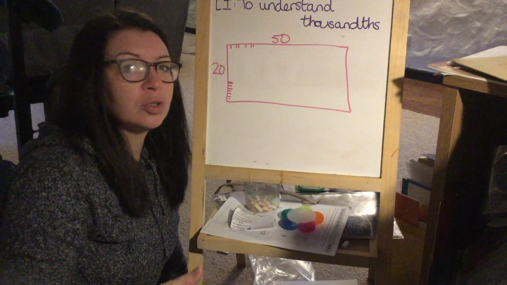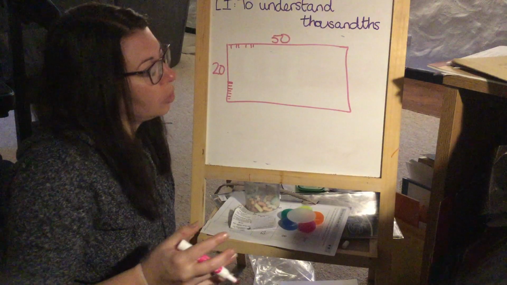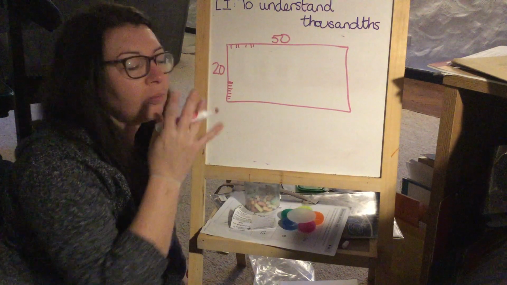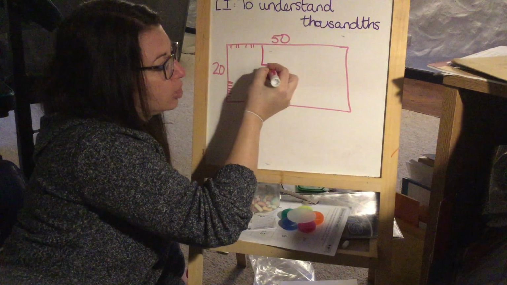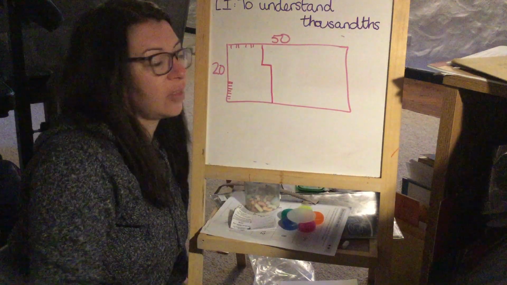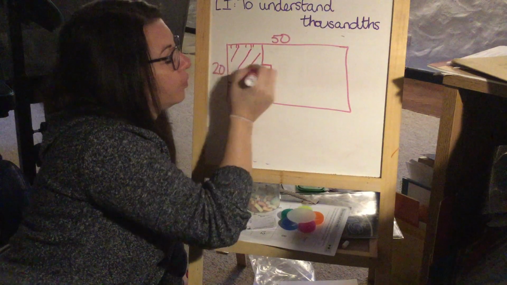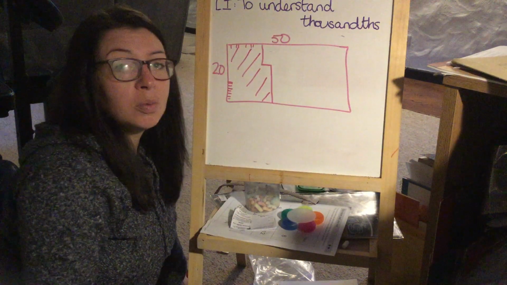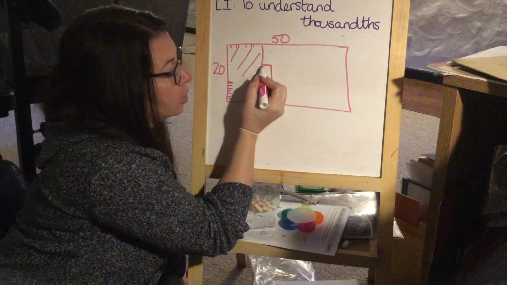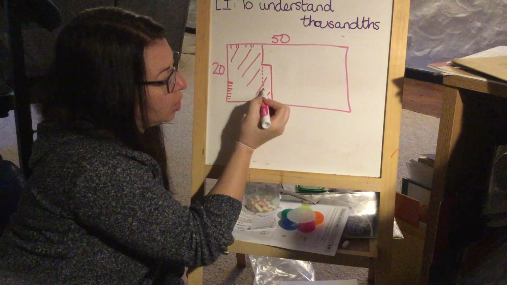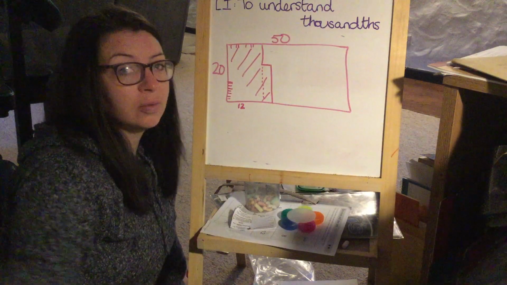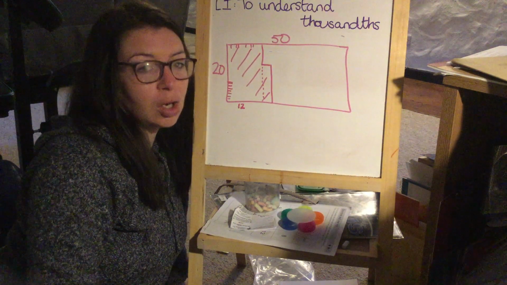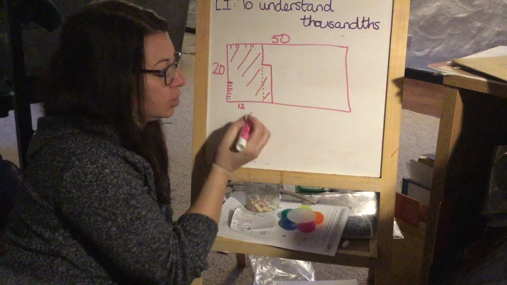Now it looks far more tricky than it is. So for example, how I would approach it, if you had an amount shaded that looked like that, this is our shaded part. Imagine there's a dot there. This part here is 12 columns of 20 squares.